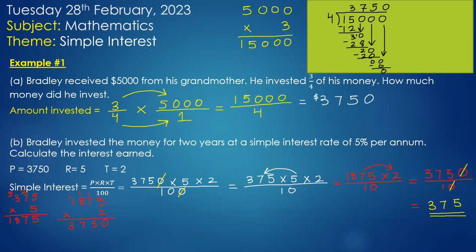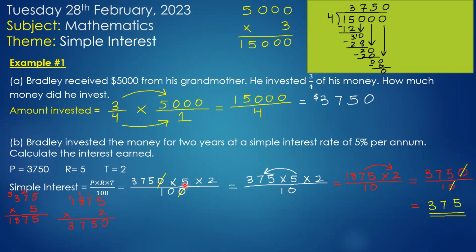Then B asked us to calculate the interest earned. So all we did was multiply the principal, the rate, and the time. What is the principal? How much he invested, which is 3,750. The rate is 5, and the time is 2. We multiplied that over 100 and that gave us 375.